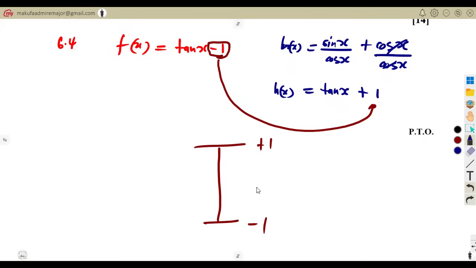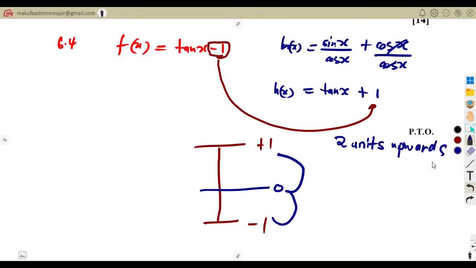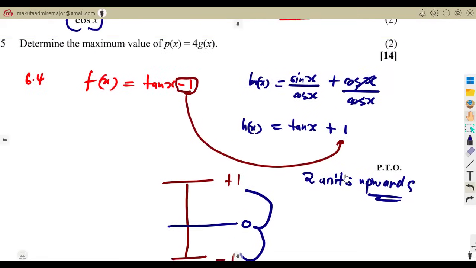There are 2 units. Remember, there is a 0 in between. So that's 1, 2. So this is 2 units going up. That's vertically up. So that is 2 units upwards. So it went upwards from minus 1 to positive 1, 2 units going up.